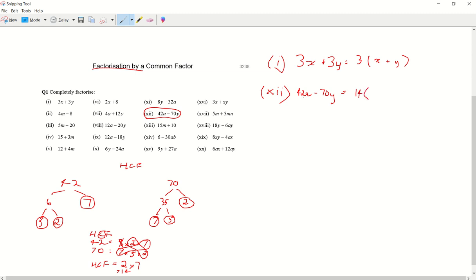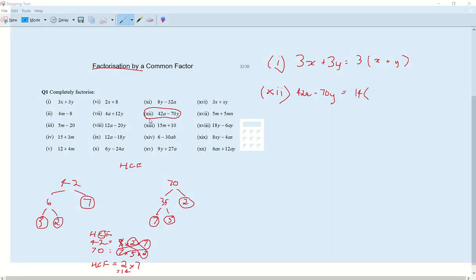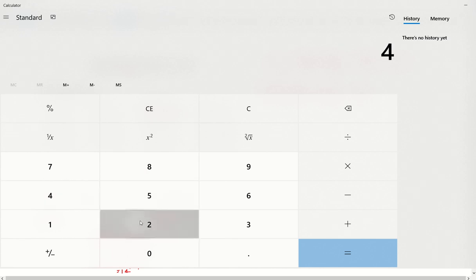So 14 times by what gives 42? Well, if we open up our calculator, 42 divided by 14 will tell us how many go into it. 3.